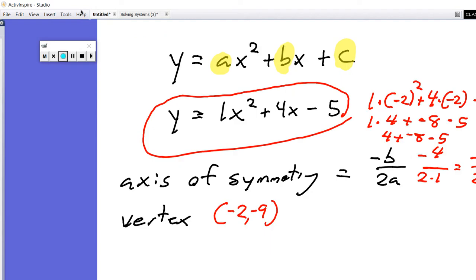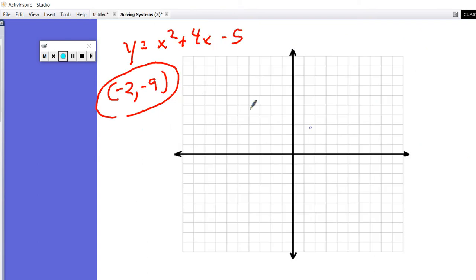If I go back here, one thing to know about a parabola when we're graphing it is which way does it open. If this a is positive, the parabola is going to open up. And if a is negative, it's going to open down. Okay, so back to the graph. I know my vertex is (-2, -9).